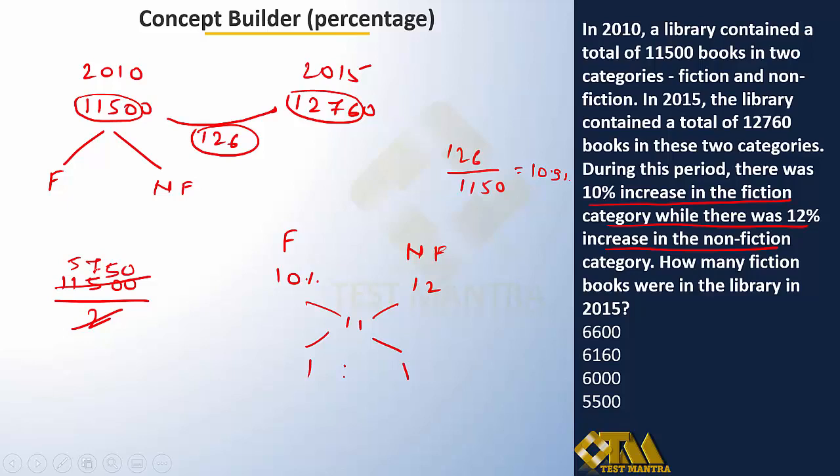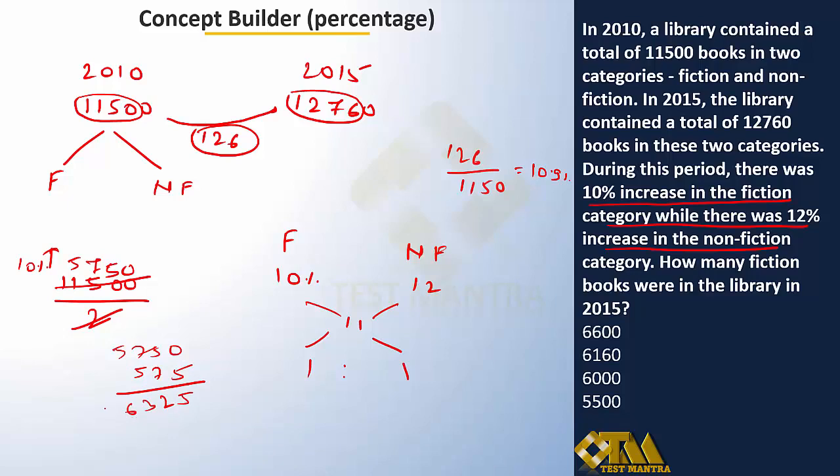So 5750 is the value available here, and I should increase this value by 10%. If I increase 5750 by approximately 10%, I should add 575. Now we can identify that the value is 6325.